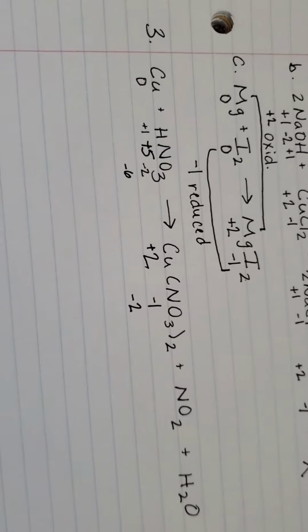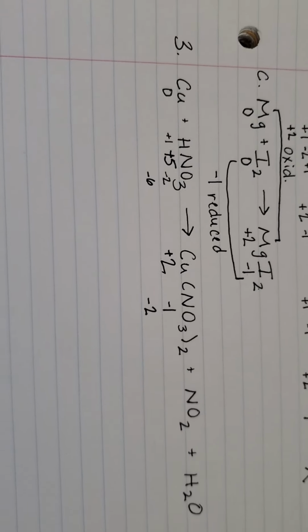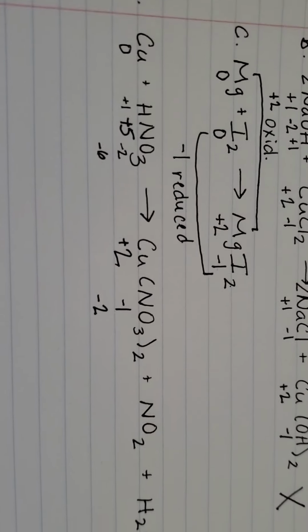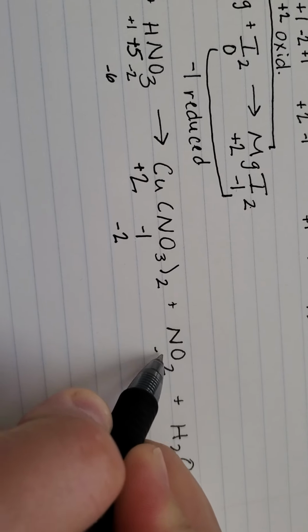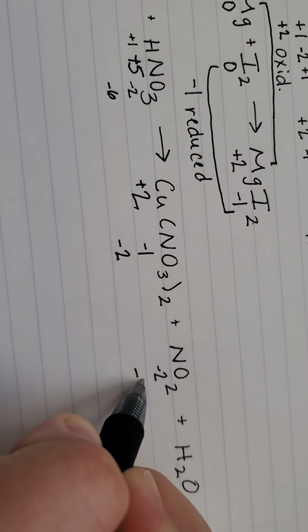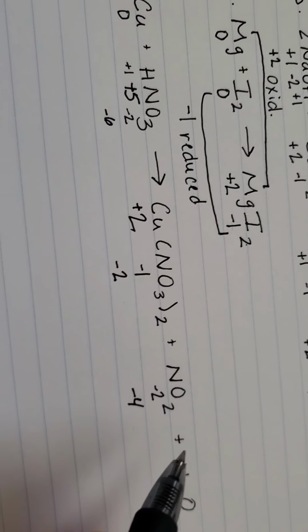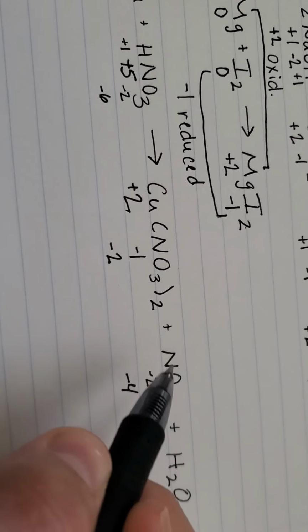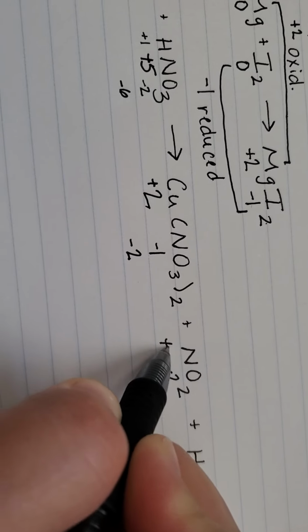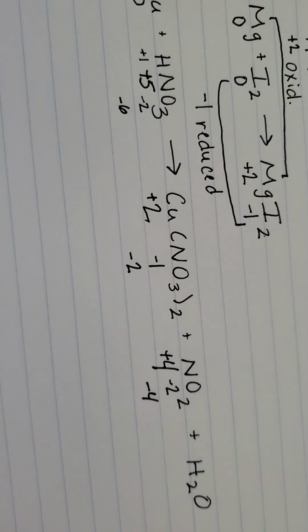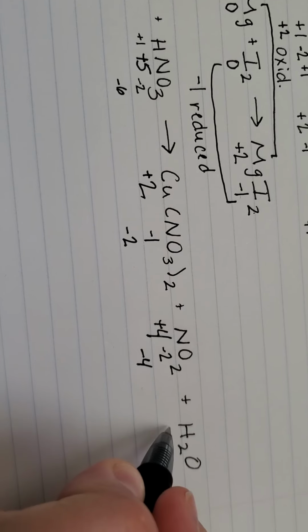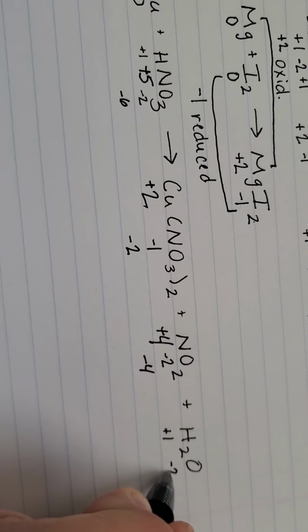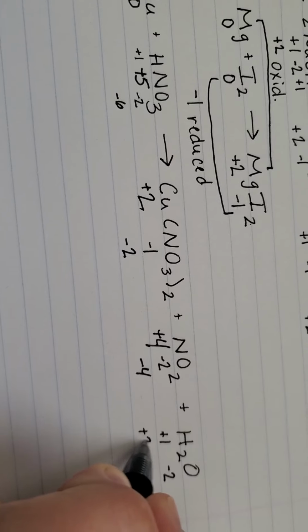And then for the NO2, we have a rule for oxygen is -2. There's 2 of them, so -4. So that must mean that nitrogen has an overall of +4. Okay. Then we have our H2O is +1, -2. There's 2 of them, so that has an overall of +2.